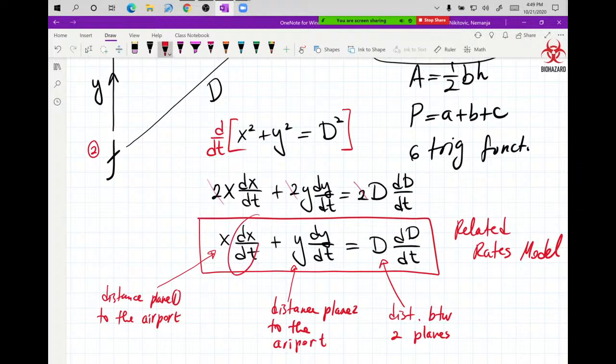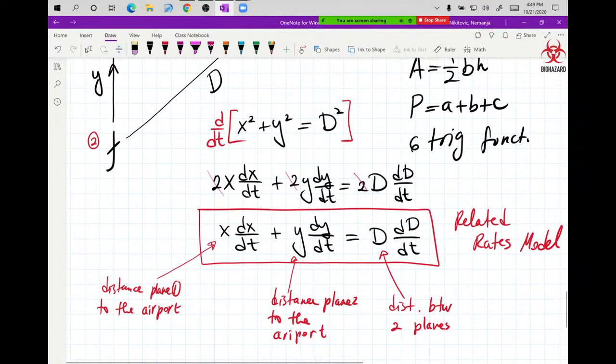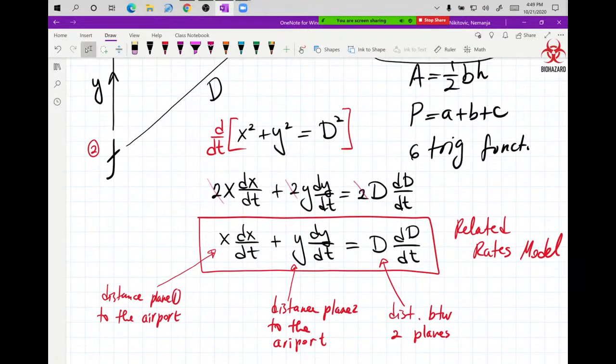What's dx/dt? The distance over time. Which is what? The distance from plane 1 to the airport over the time. Careful. x is the distance. What is dx/dt? Derivative. Yeah, it's a derivative, but what is it measuring? Yes, miles per hour.